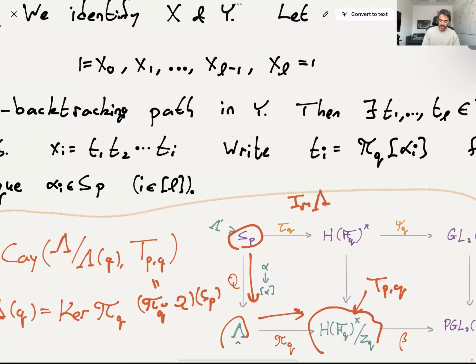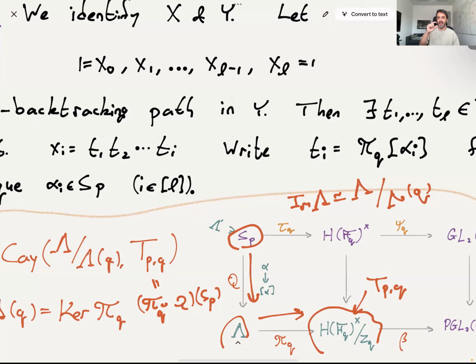And I'm identifying the image, according to the first isomorphism theorem, with lambda modulo the kernel, which we wrote as lambda_q.